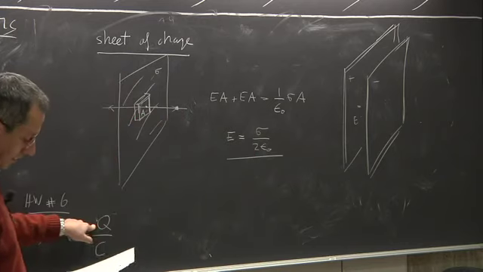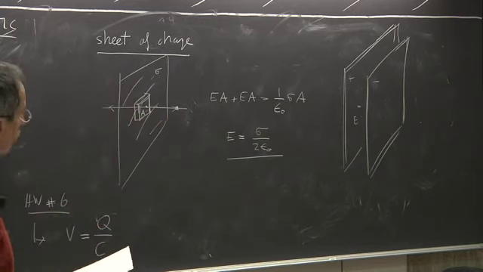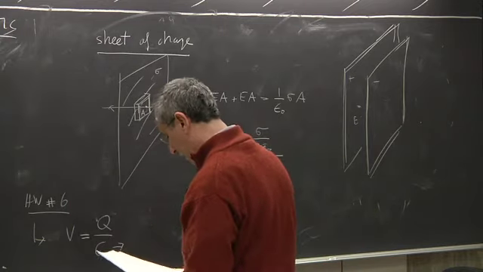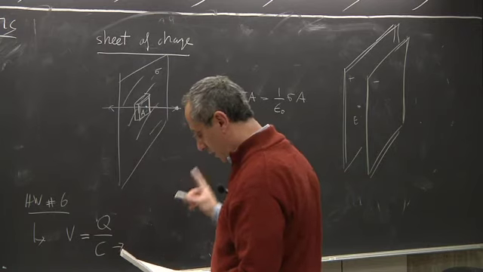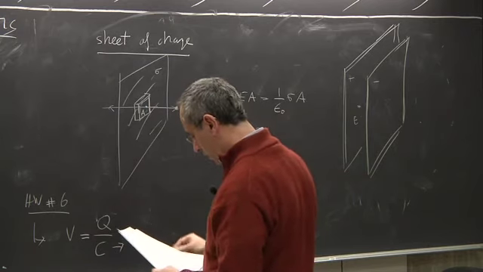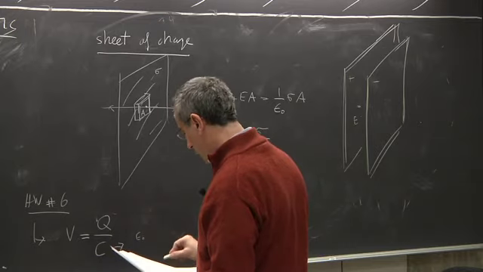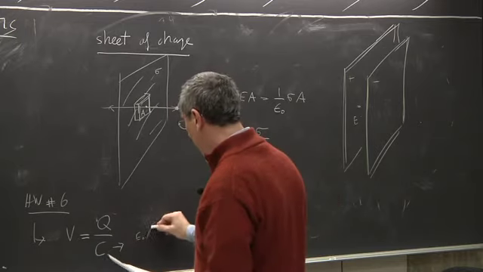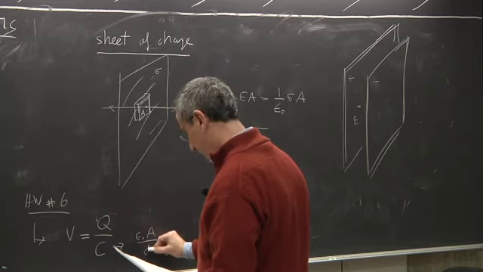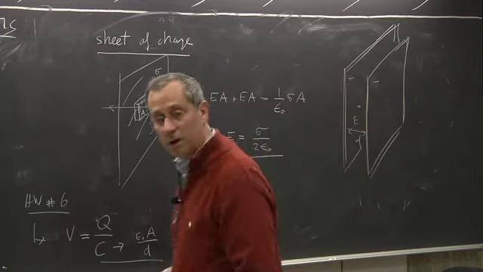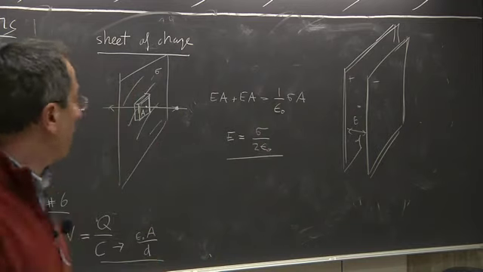So this is the charge that you put here, and this new quantity, the capacitance, for this case is equal to epsilon naught, the area, the unit area, divided by the distance between these two plates. Again, a result that you may already probably know.